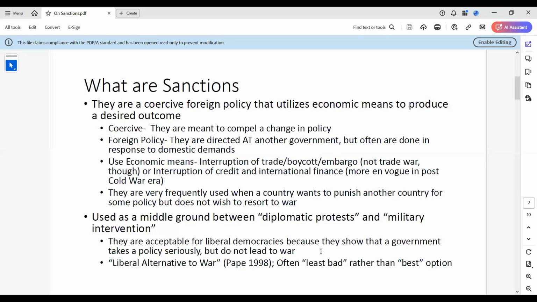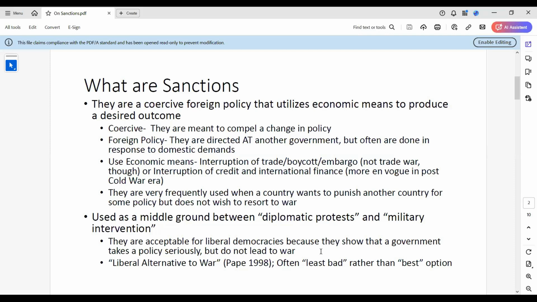The liberals have all these different tools available to help them avoid the inevitability of war, which the realists see as always going to happen. Pape, from 1998, considers it the liberal alternative to war.